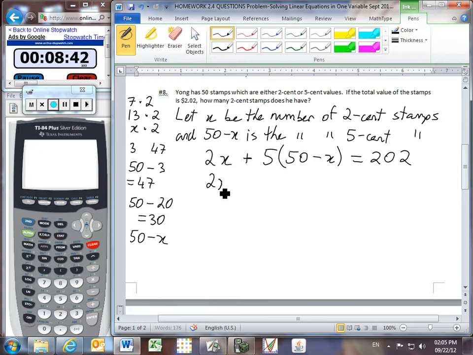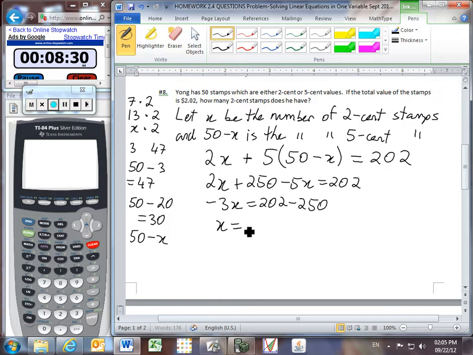So let's now solve this by distributing the 5, grouping the x's together and bringing the 250 over to the right, and then dividing both sides by -3 to get 16. And so let's just perform a quick check. If we had 16 of these 2-cent stamps, that must mean that there were 34 of the 5-cent stamps.